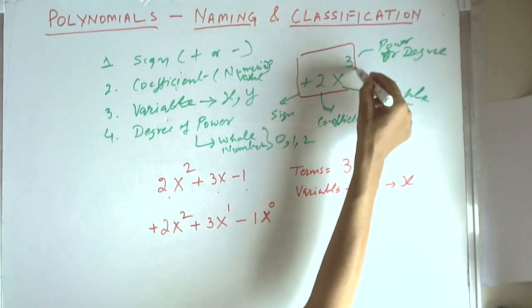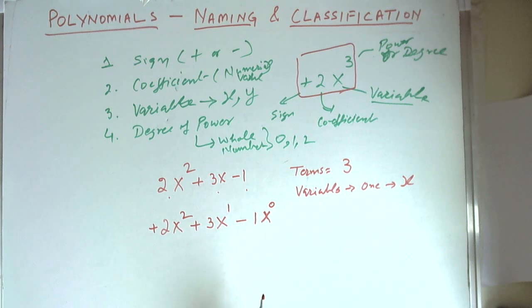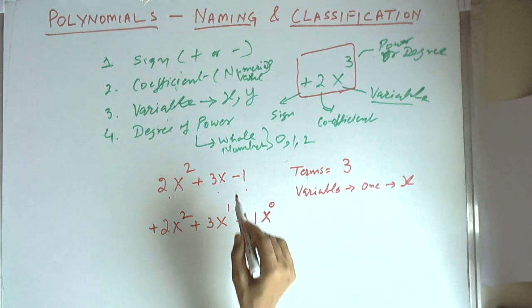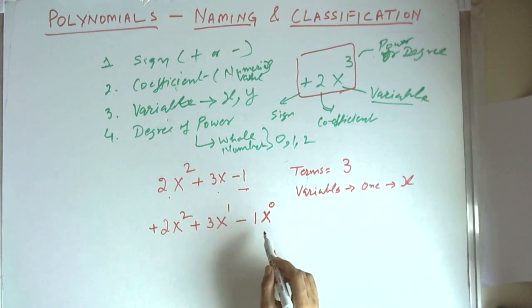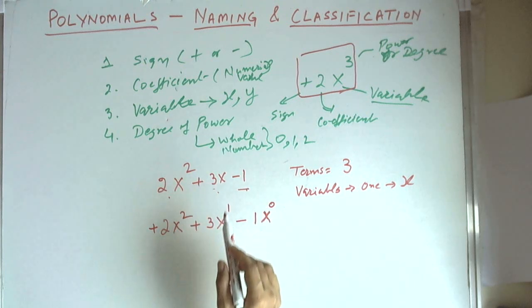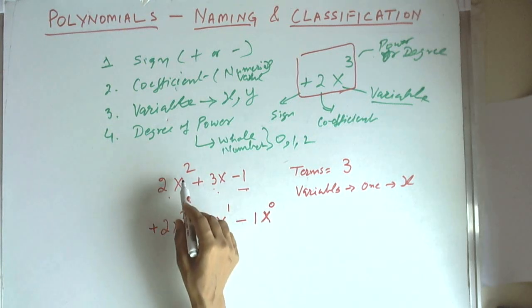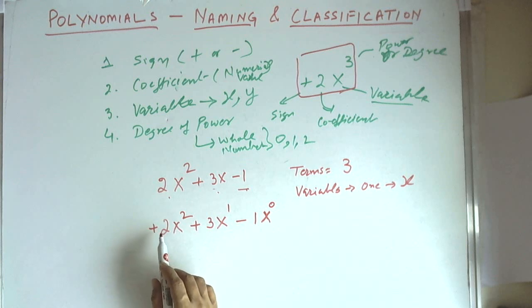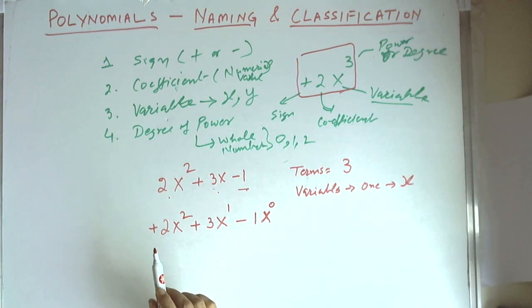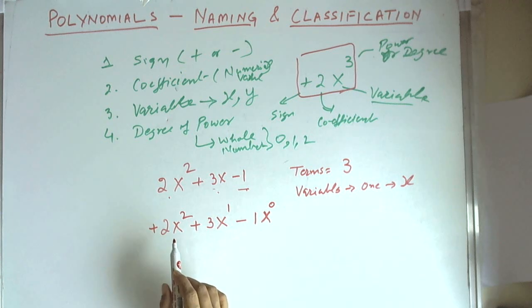Minus 1 is one term, but the power of this particular term is 0, and for 3x the power is 1, and for 2x square the power is 2. And the sign of 2x square is plus. For the first term, if the sign is plus, there is no need to write it, so it saves effort.